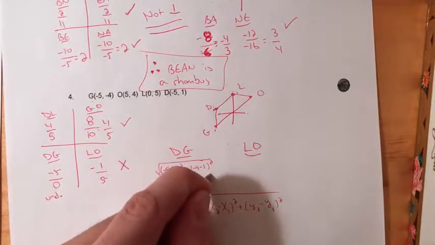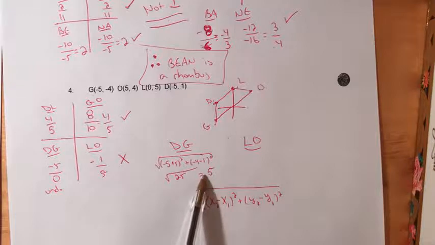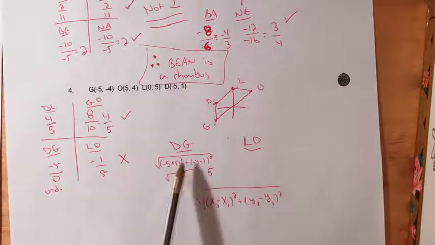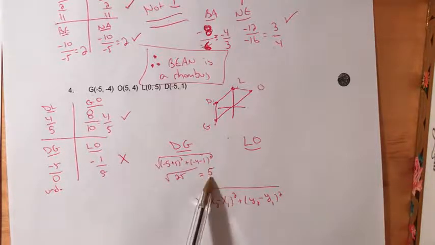So the length of that is just a nice clean 5. So I subtracted my x's squared plus subtracted my y's squared and got 5.